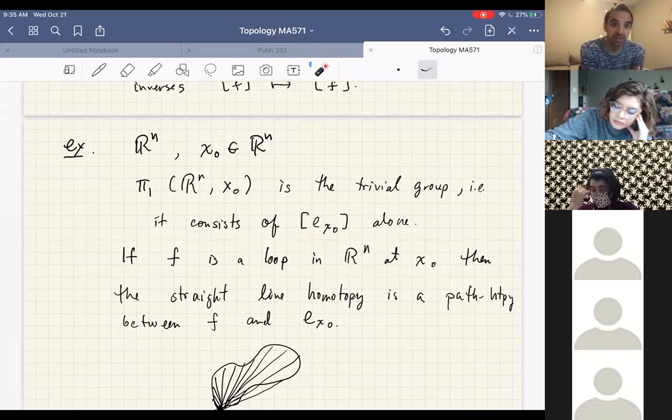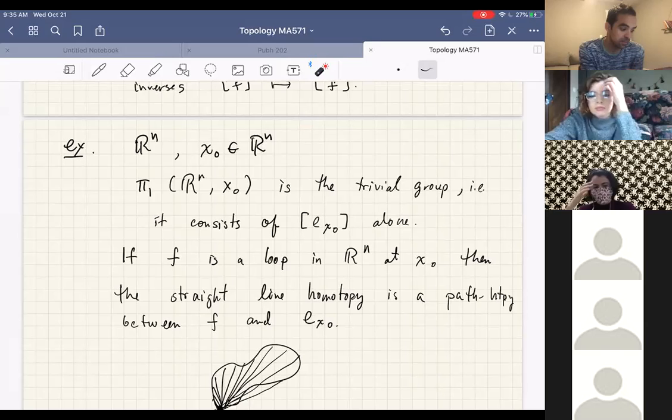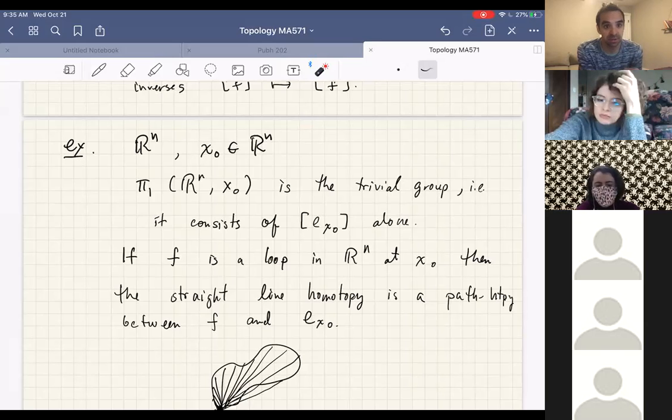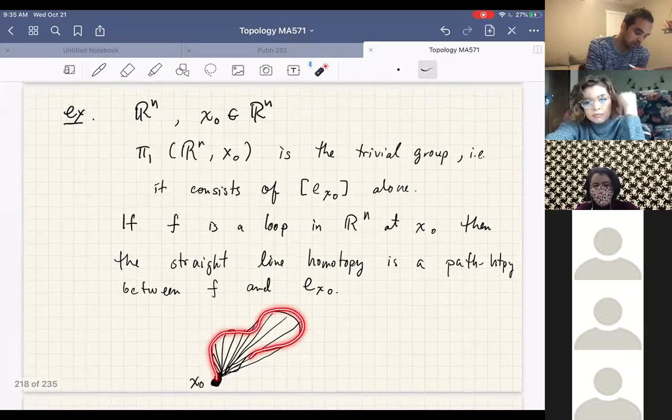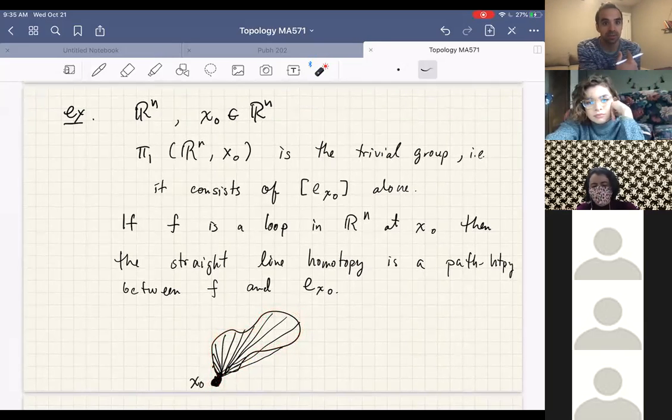In other words, this is equivalent to saying that any loop in Euclidean space based at x0 is homotopic to the constant loop at x0. So any loop can be shrunk to the constant loop in Euclidean space.